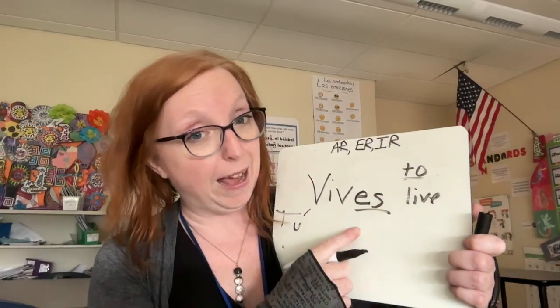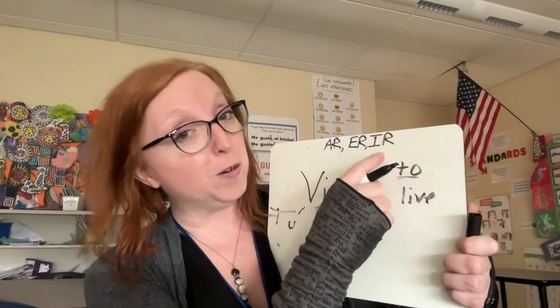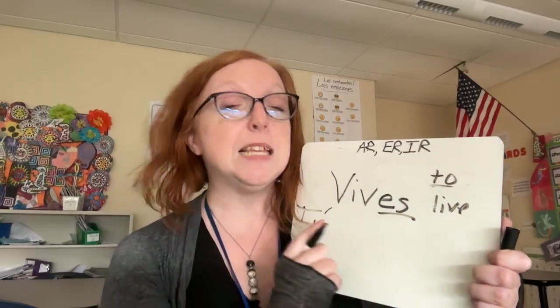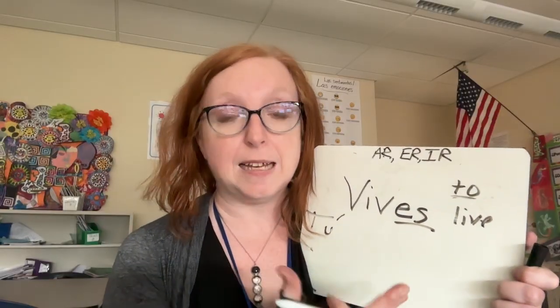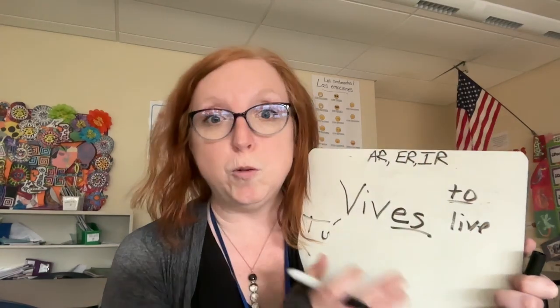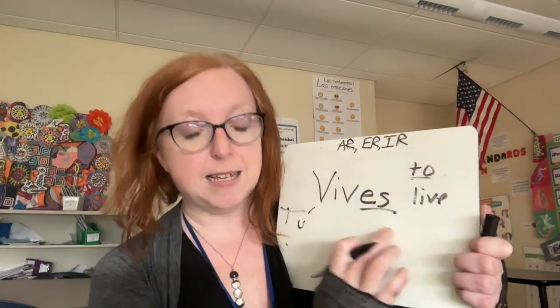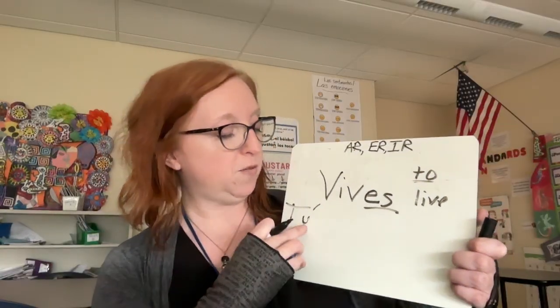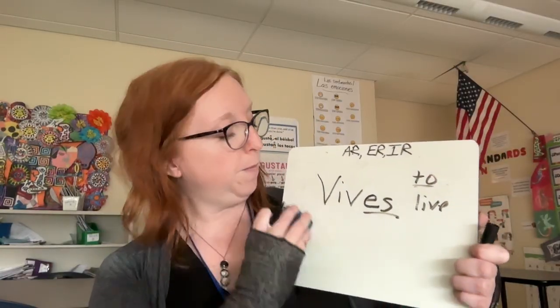This is why. Because when you get to IR verbs, sometimes you change the letter. So it is vives. Vives aquí. You live here. Vives allá. You live there. Vives. You live. It changes to an E. So that is for tú. You live. That's one you.